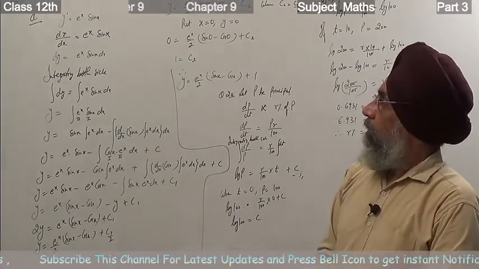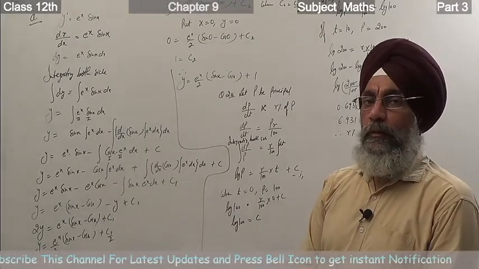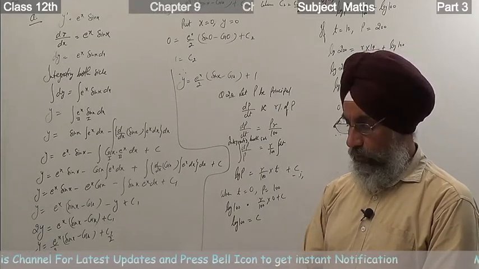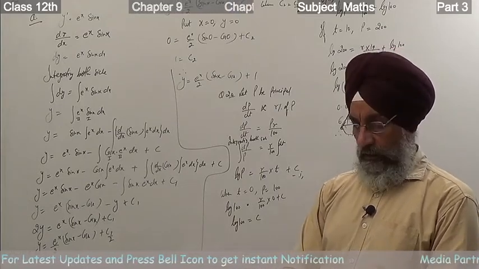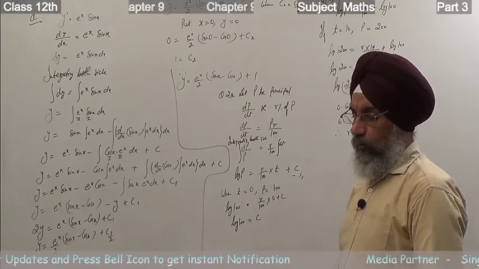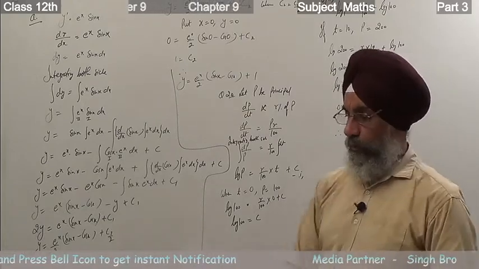Clear? So that is all about the variable separable method to solve differential equations, to get the equation from the given differential equation. The second type is the homogeneous differential equation.